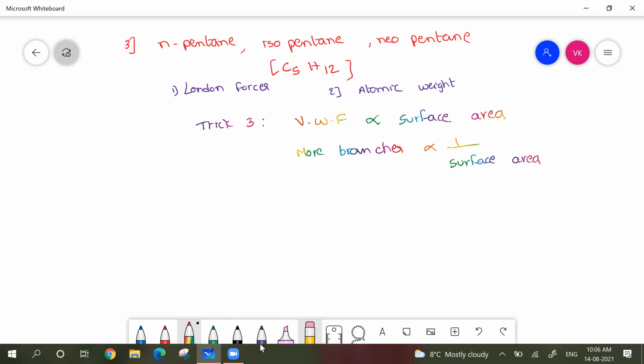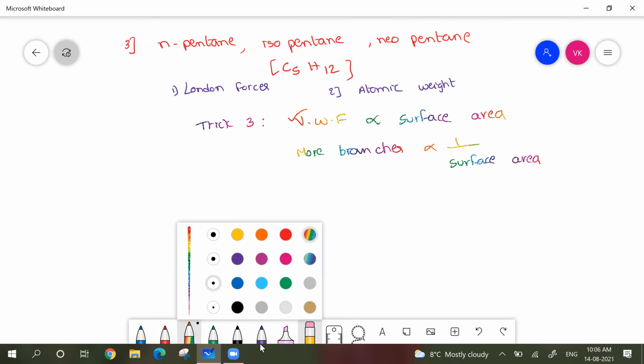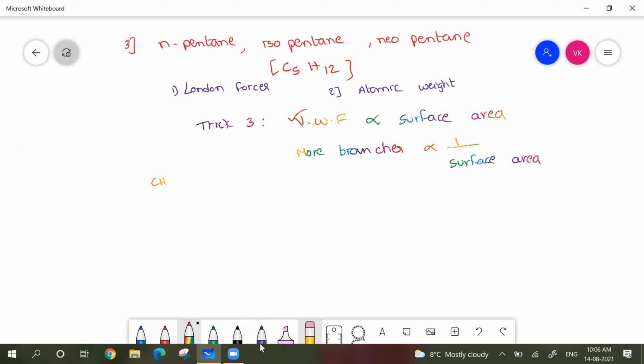If you remember this rule, you can understand easily. Now let us see in this case, n-pentane is having a straight chain structure, CH3, CH2, CH2, CH2, CH3. This is n-pentane. Coming to isopentane, only one branching, CH3, CH2, CH, CH3, CH2.